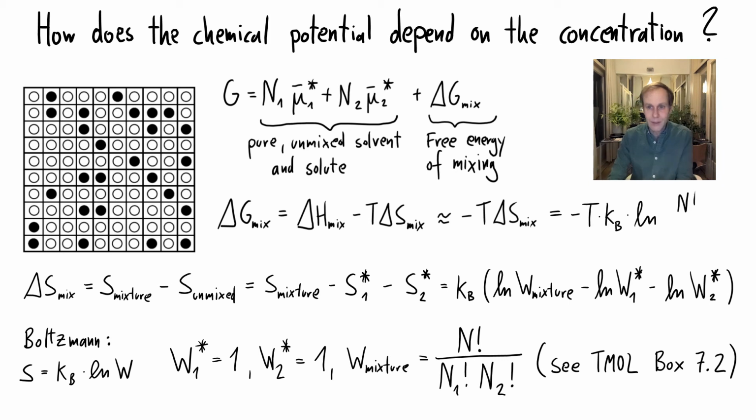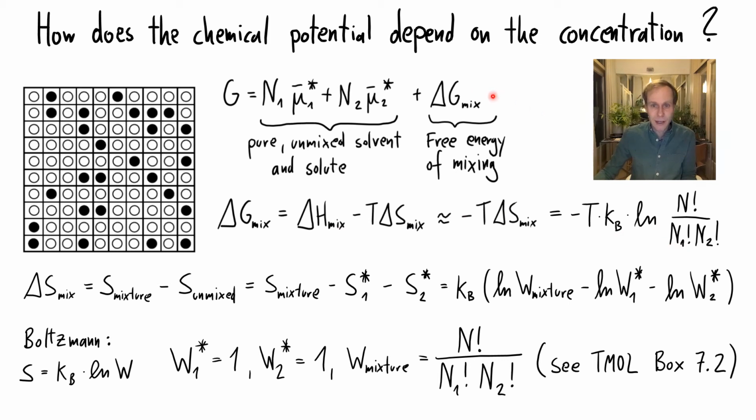So then we simply get, for the Gibbs free energy of mixing, which is only composed of the entropy term, that the logarithm part is given by this expression for the multiplicity, having plugged that in. So that's what gives us now an expression for the Gibbs free energy of mixing.